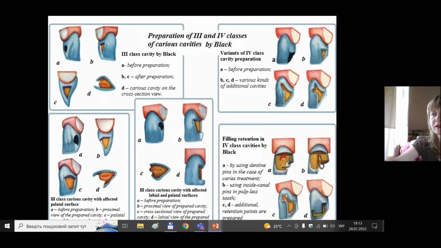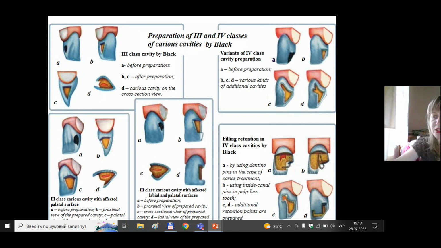Pay attention to these extra cavities, their shapes, dovetail or just like a fissure, or some retentive point just to keep the material in the proximal area. But if it goes about restoration of anterior teeth in the era of Black, once again I'm stressing this, at that time there were no adhesive materials, only cements.